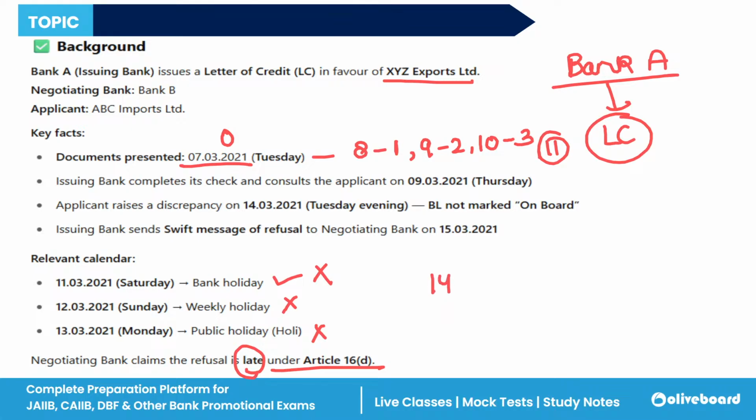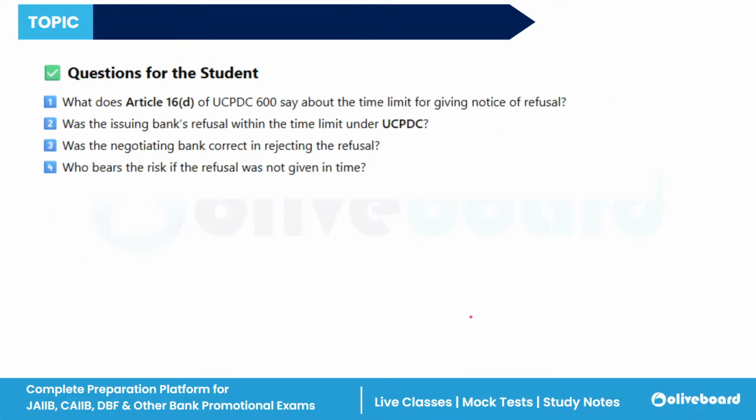So 14th is day 4, 15th is day 5. So 15th was the 5th banking day. So the refusal was given within the time limit. Okay, refusal is there within the time limit.